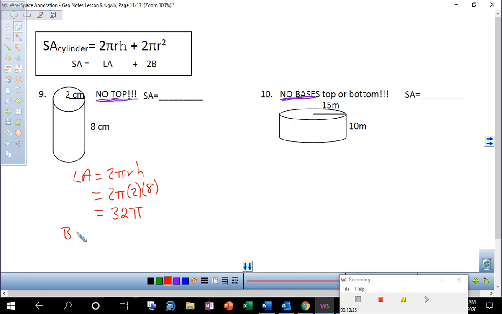And then, again, we just have one base this time. So just pi r squared, not 2 of them, just 1. So pi times 2 squared, 2 times 2 is 4. So 4 pi. 32 pi and 4 pi together, 36 pi centimeters squared, which as a decimal is approximately 113.1.